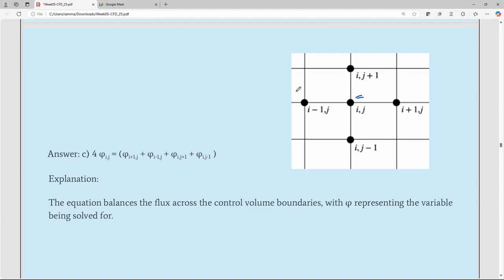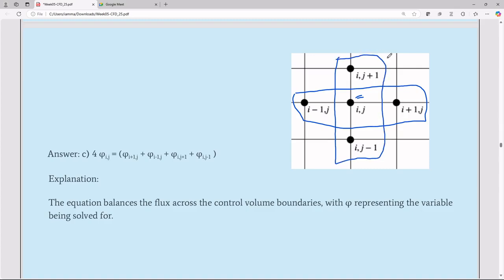If you remember the previous question, here the central term will be minus 2 times phi at ij. When we consider a two-dimensional domain, there will be two of such terms. So when it is taken to the other side, it will be 4 times phi ij. That's how it is represented.